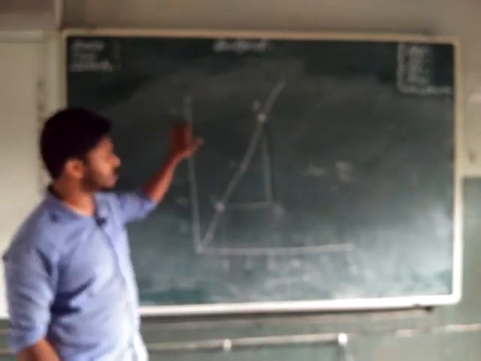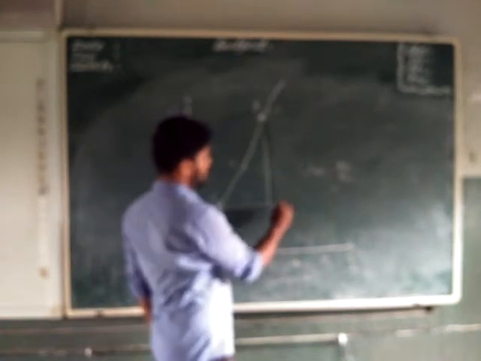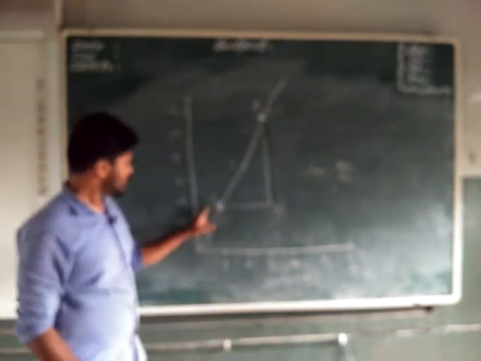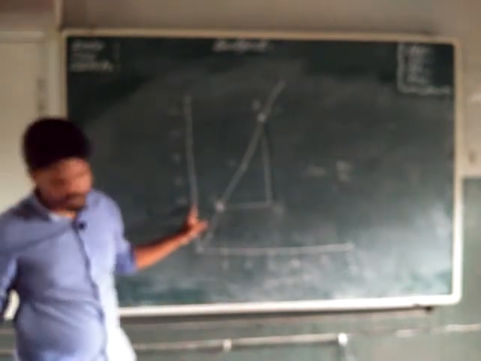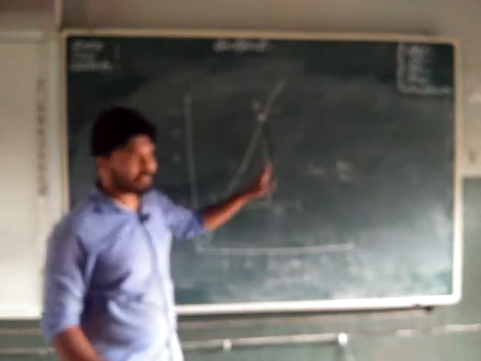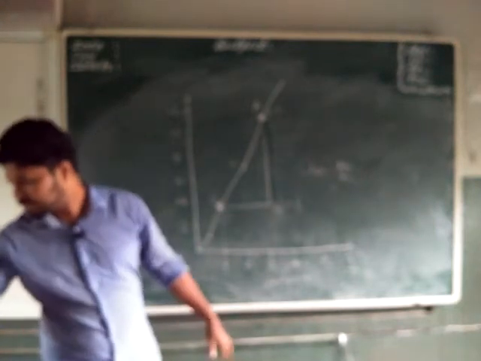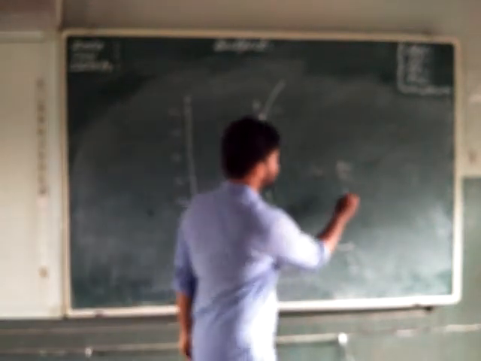What is AB? A belongs to the point 10.2. B belongs to the point 3.4. So what is AB? 10.2 minus 3.4 gives us 6.8.